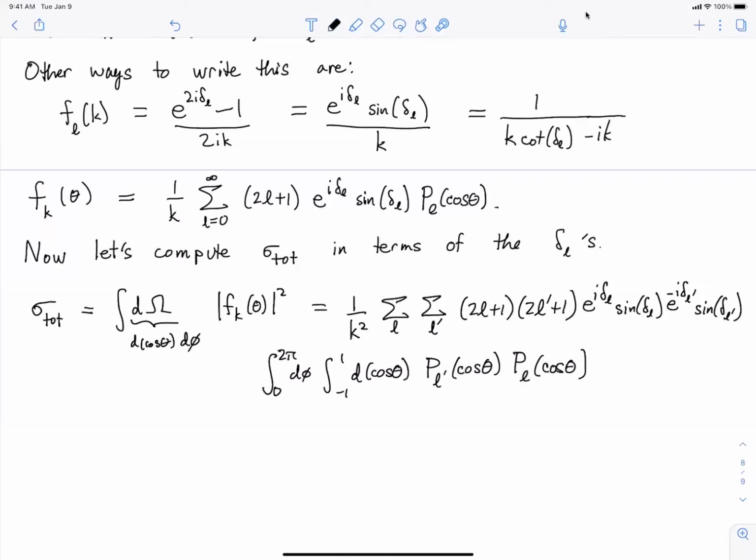Okay, so this looks horrible, but it's going to get much simpler now. If I integrate over d phi with nothing depending on phi, this gives me a factor of 2 pi. And then the great thing about Legendre polynomials is when you multiply two of them together and integrate over cosine theta, they obey orthonormality, which makes this equal to 2 over 2l plus 1, if and only if l and l prime are the same.